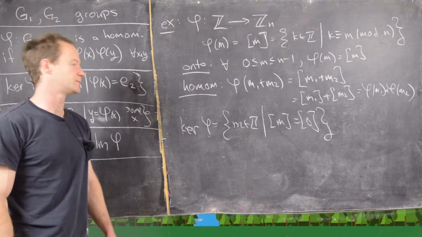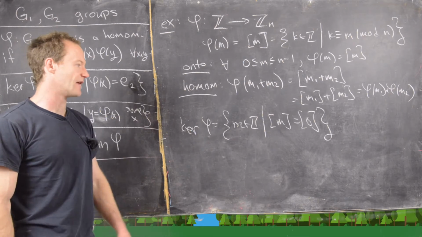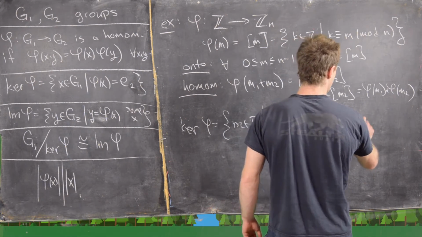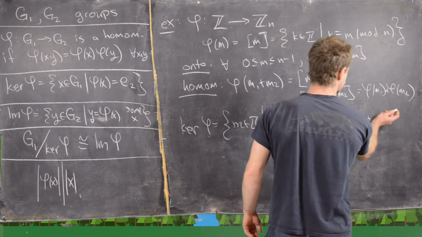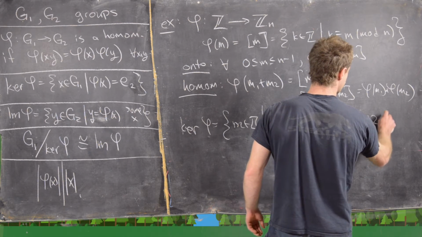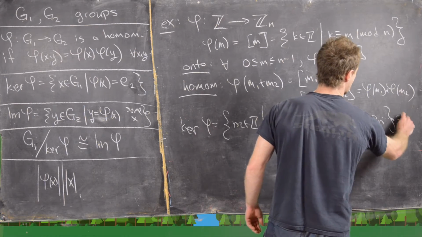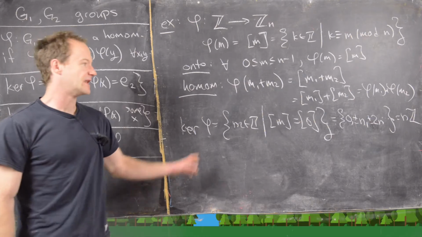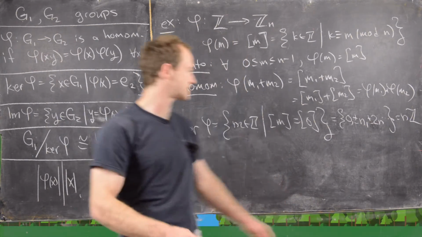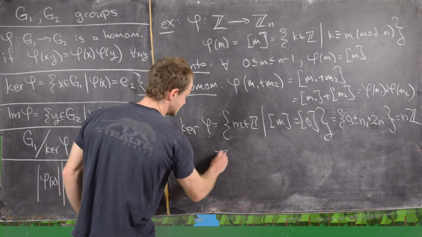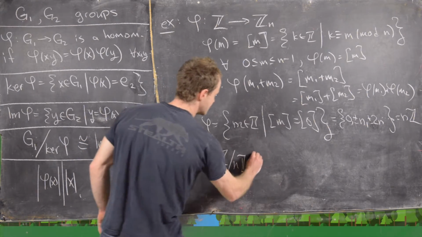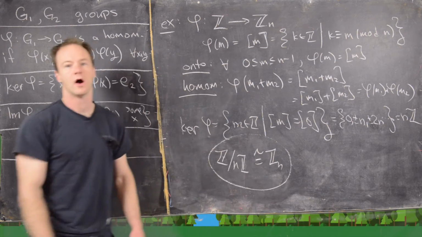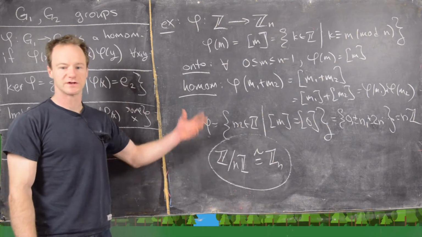In other words, it's everything that's a multiple of n, so we can rewrite that as 0, plus or minus n, plus or minus 2n, and so on, which is often written as the subgroup nZ. Now we can apply the first isomorphism theorem to say that Z mod nZ is isomorphic to Zn. Okay, good. So we're done with our first example.